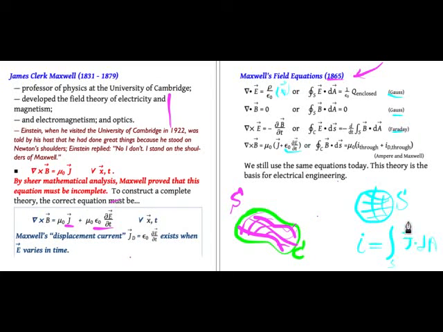So this can either be current density for particles, charge of particles moving through this surface, or for a changing electric field, the change in the electric field flowing through the surface. So that's Maxwell's field theory.